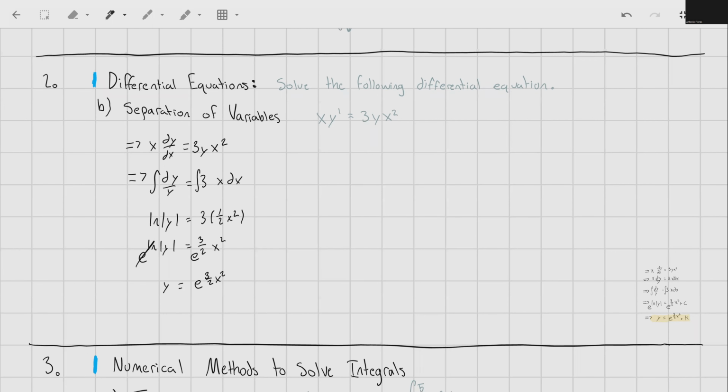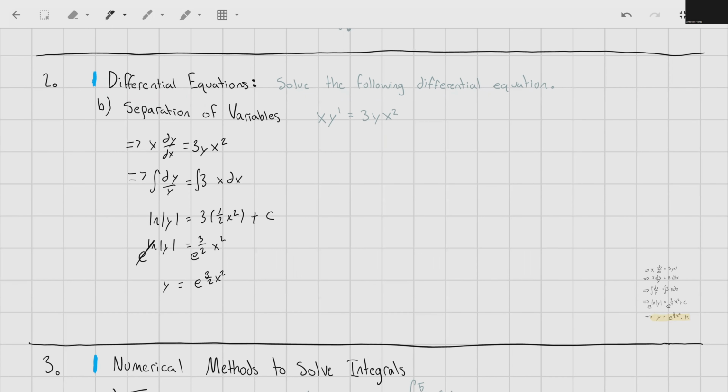And then we have a plus k or plus c up here, plus c. And then down here, the plus c would separate and become e to the c, which just becomes k. So times k. Or it could be rewritten as k e to the 3/2 x squared.